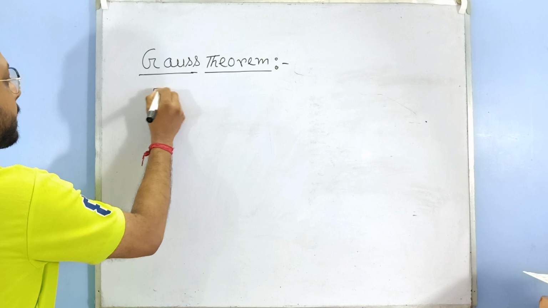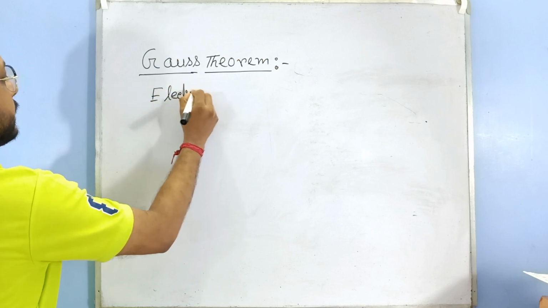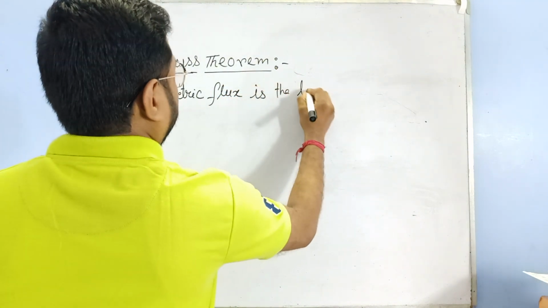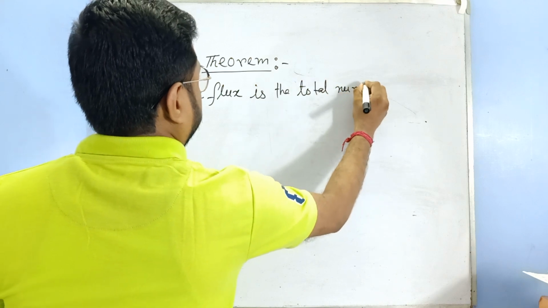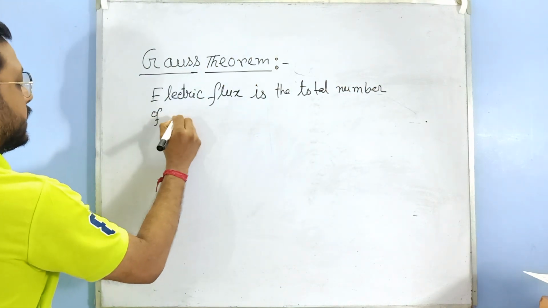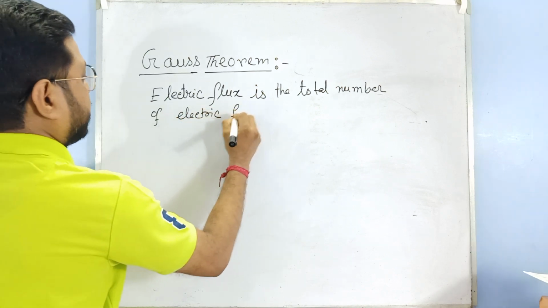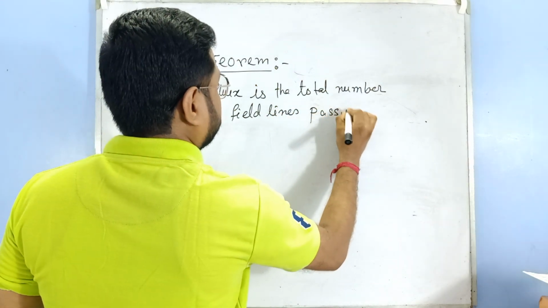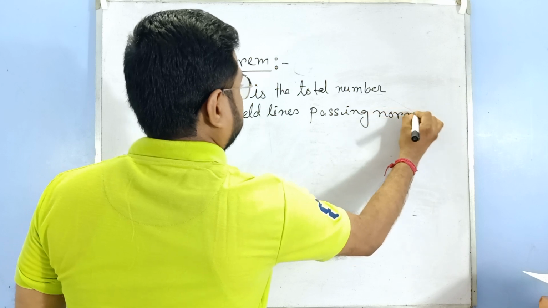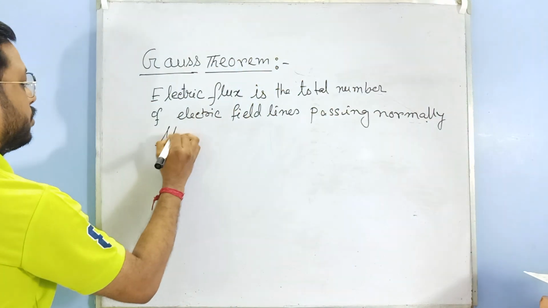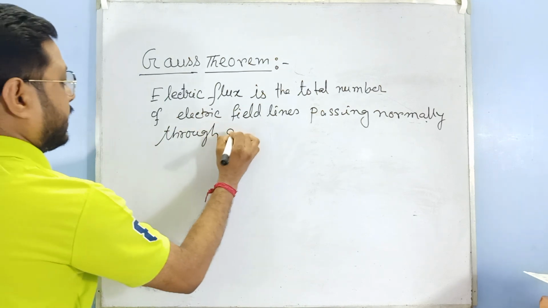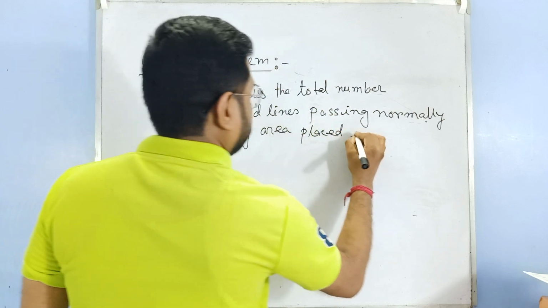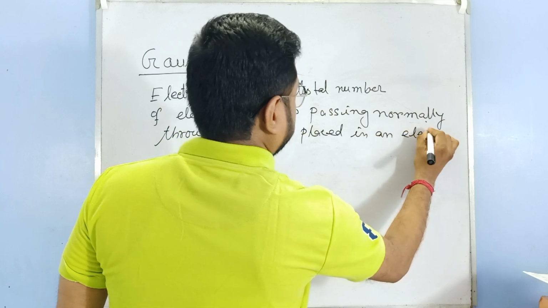Electric flux is the total number of electric field lines, or lines of force, passing normally through any area placed in an electric field.